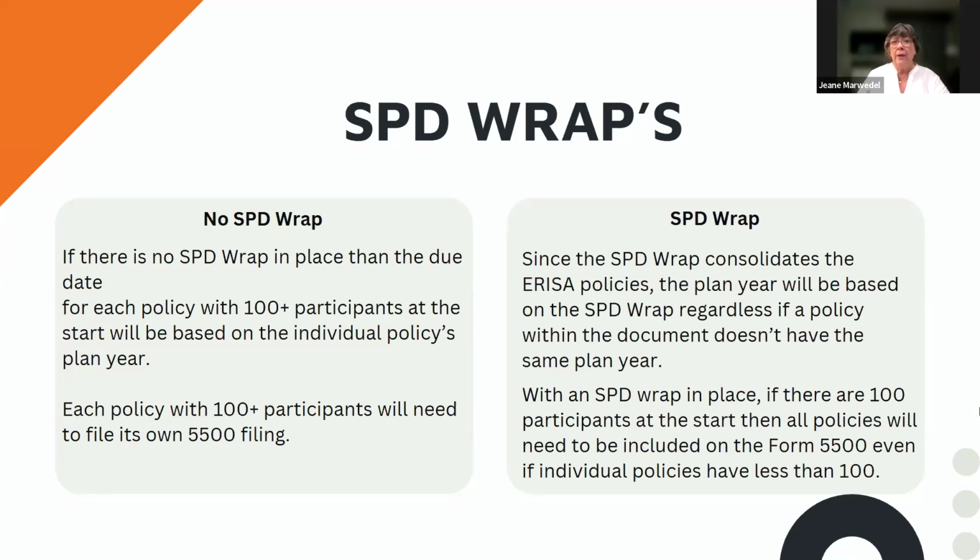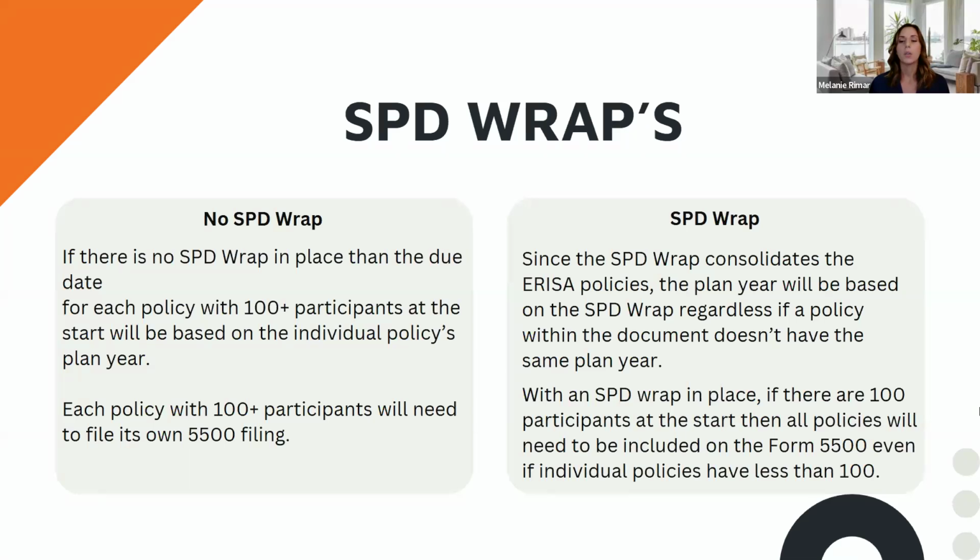So Mel, what happens when in an SPD wrap there are differing plan years for different benefits? How does it work with getting those Schedule As from the different companies or from the carriers? So you reach out to your carriers and they'll provide the Schedule As for the policy's plan year.